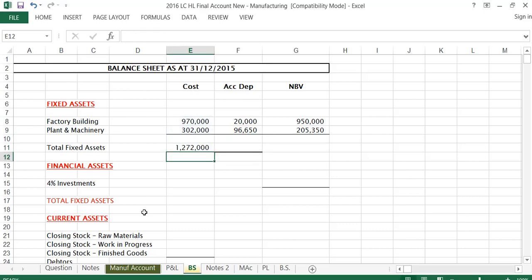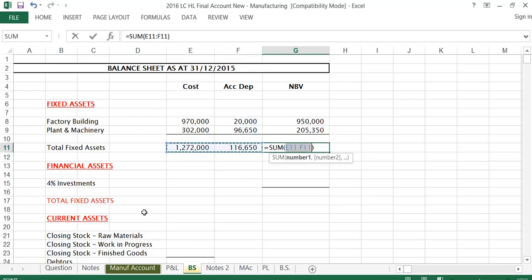Again, I'm just going to add these down now, put double lines under these because I'm not going to use them again. So the total net book value for fixed assets is 1,155,350. Financial fixed assets. So my first thing that's going to go in here are my investments. So my investments come to 315,000.